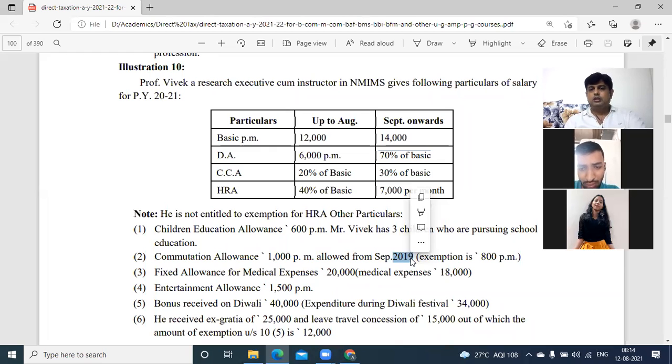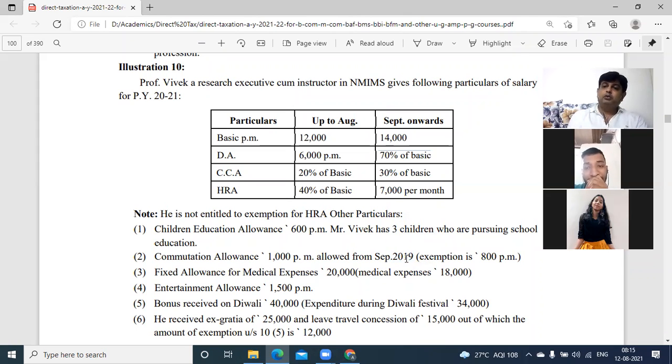So what is our previous year? Previous year is 2020-21.